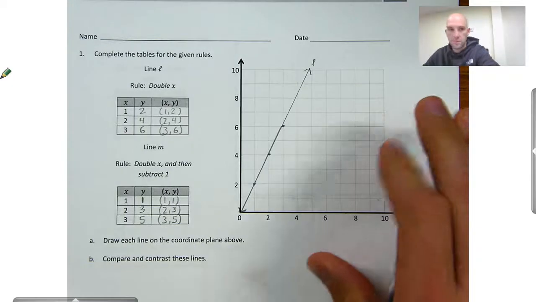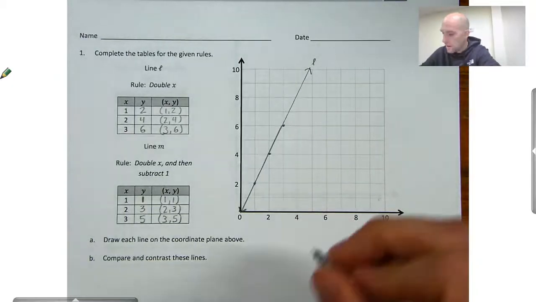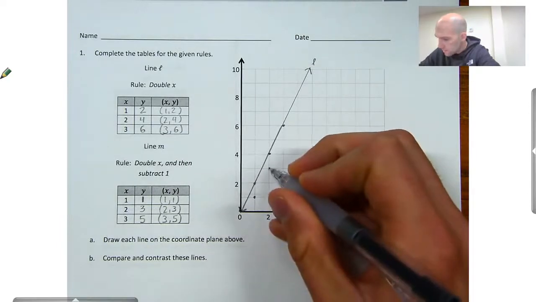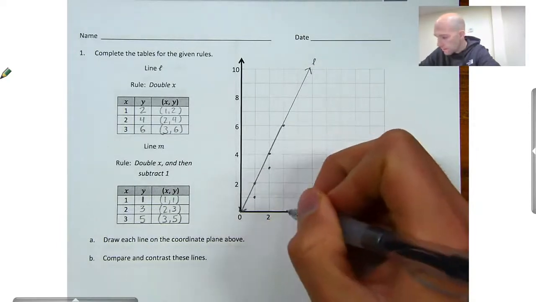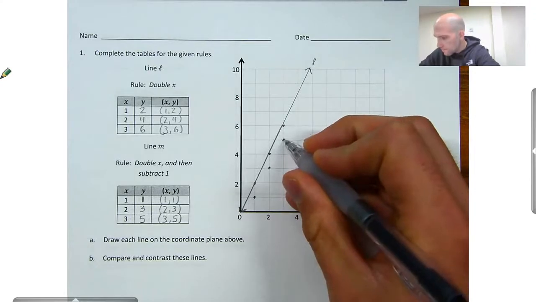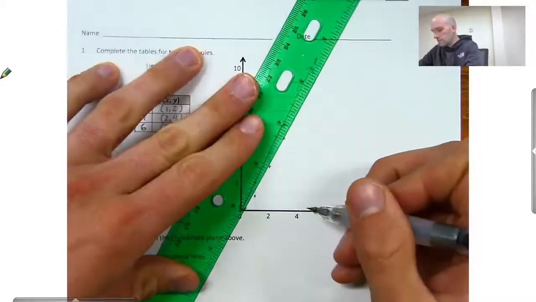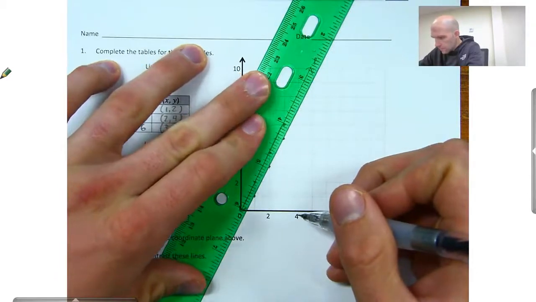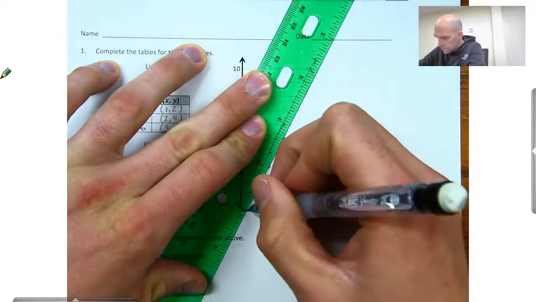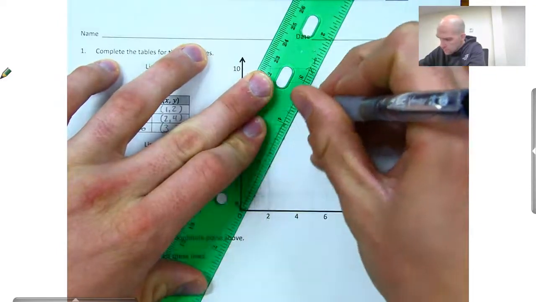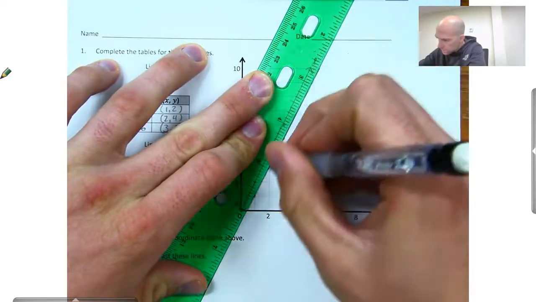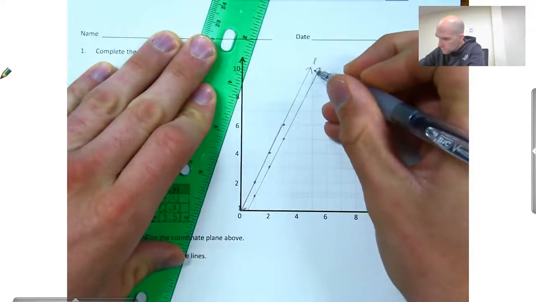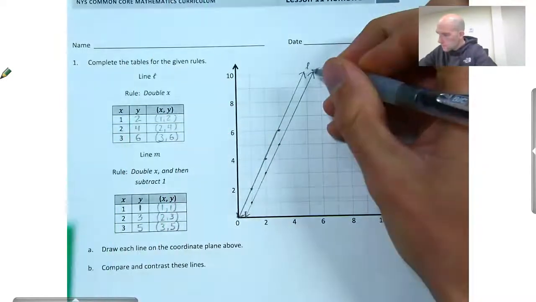And then let's plot these points for line M. We have 1, 1. We have 2, 3. And we have 3, 5. And if we connect these, we have a line that looks like this. This is line M.